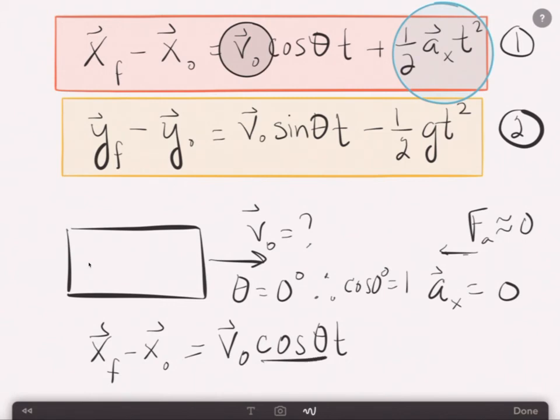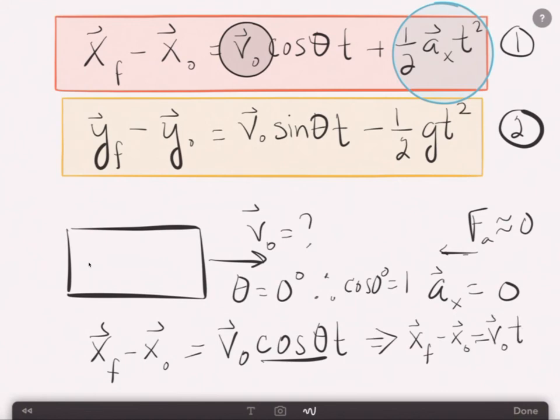So this cosine becomes 1. Now we end up with x_f minus x initial equals the initial velocity times time.